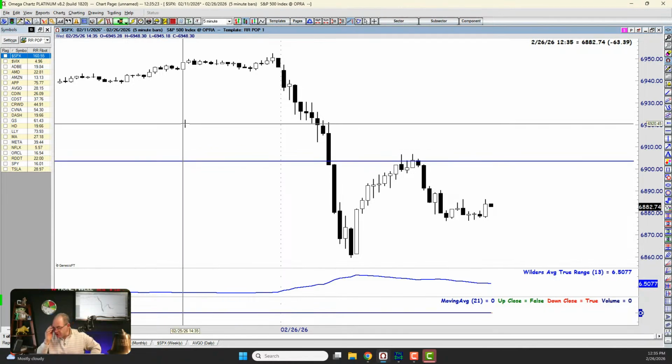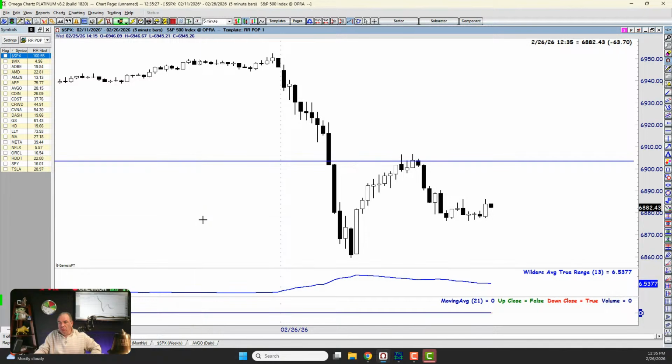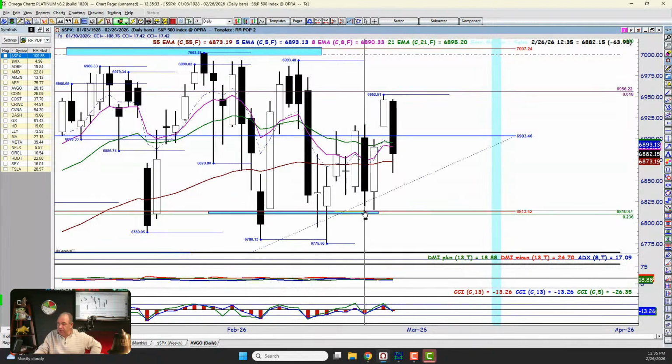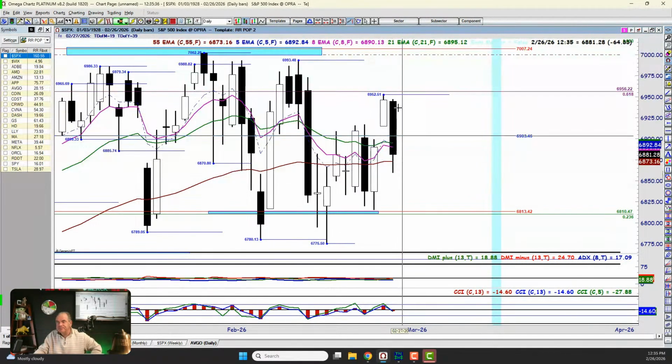So 70 points or so in that 5 or 6 candle move. A rapid move to the downside there. And then a little bit of bounce, which was great and fine and good. I love that. But when you look at today, there's just a lot of weakness in there, a whole lot of weakness.